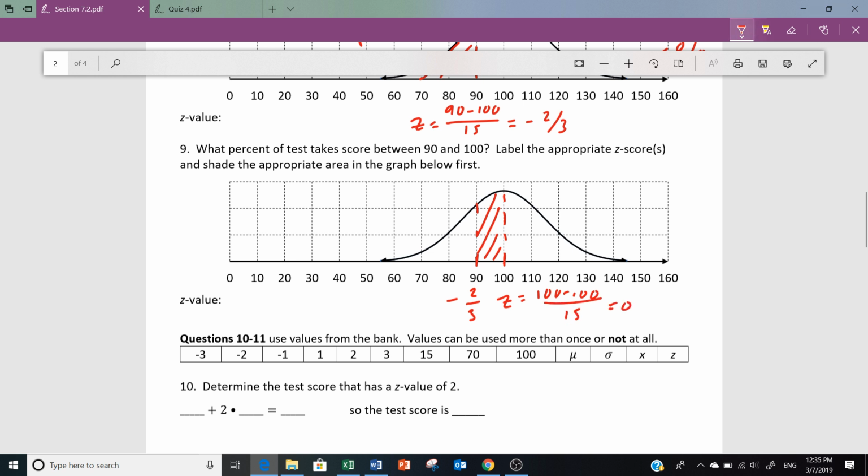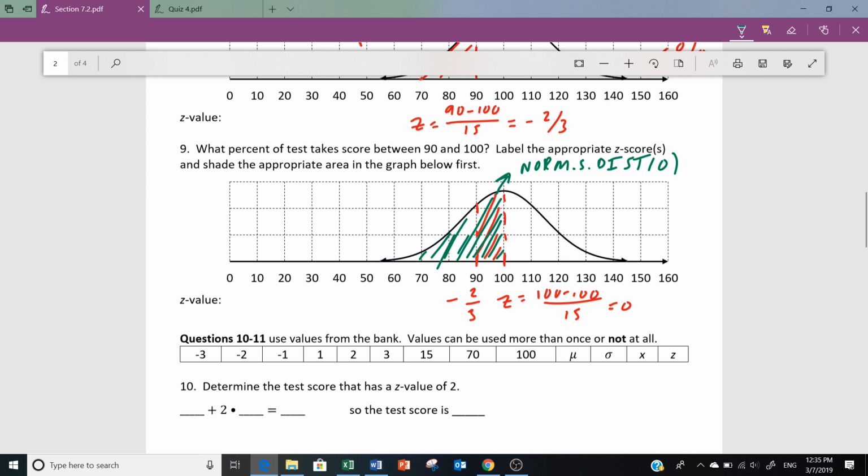Okay, next we want to do these in Excel. If I do norm.s.dist of 0, it's going to give me this green area over here. So the green area is norm.s.dist of 0. Is that the answer? No. I want the red area, which is the area in the middle. So how do I find the area in the middle?